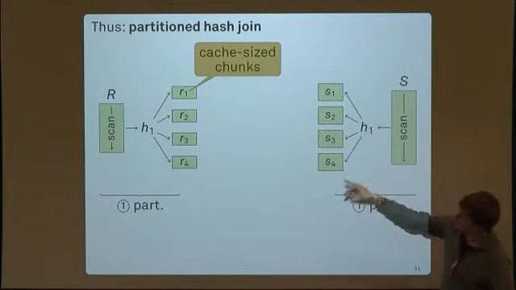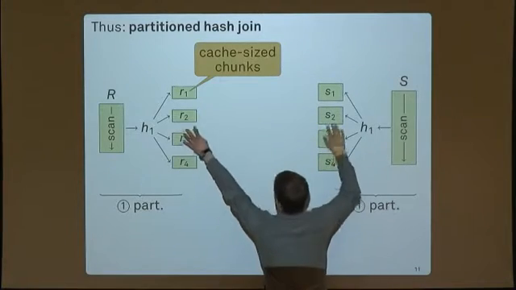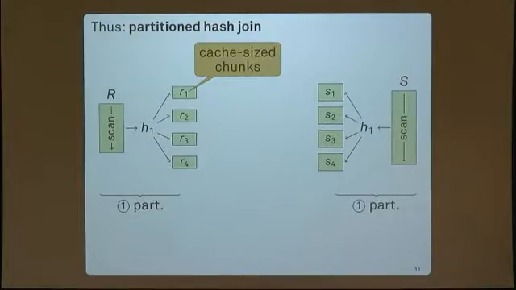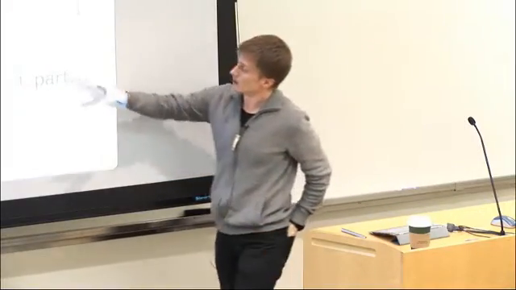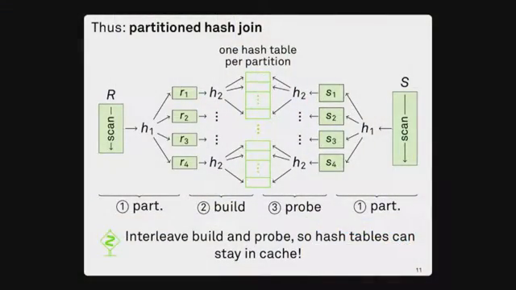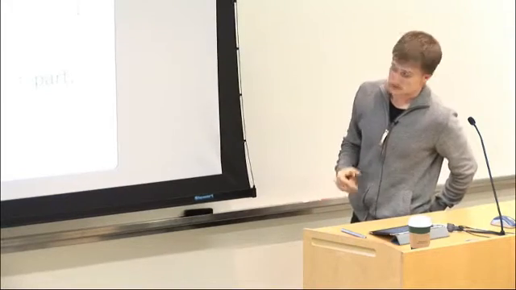You do that for both input tables, and then you basically need to only join corresponding partitions. And if those are small enough, then you can keep all the processing for one such pair of partitions inside the cache, and you won't see any cache misses anymore. Each of those joins basically runs out of cache.